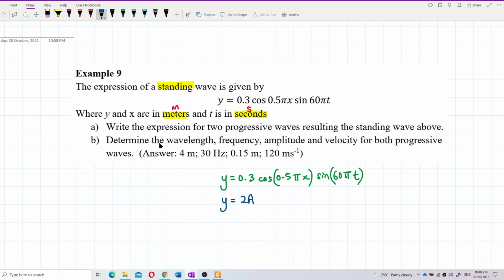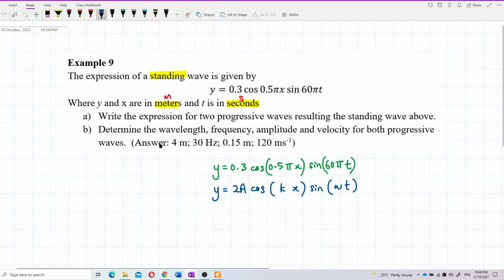2a cosine kx and then sine omega t. Well, here 2a actually sometimes we just write as a total, because you know why?